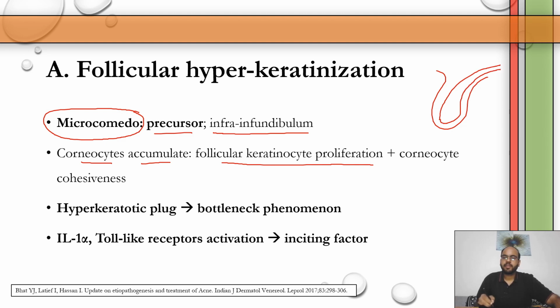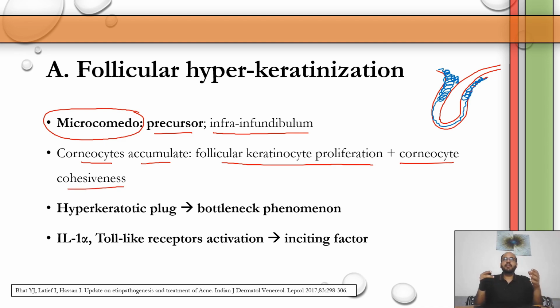Let's do a rough diagram. This is lined by keratinocytes, everything is lined by keratinocytes. So if the keratinocytes start proliferating a lot, this will lead to blockage at the infundibulum level, and that will cause microcomedo formation.